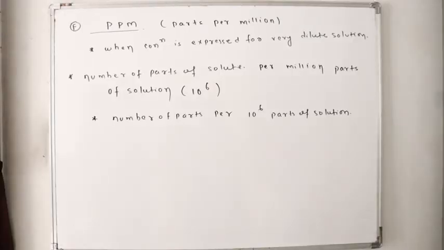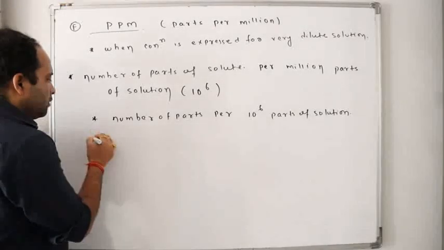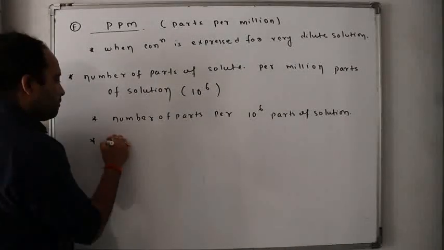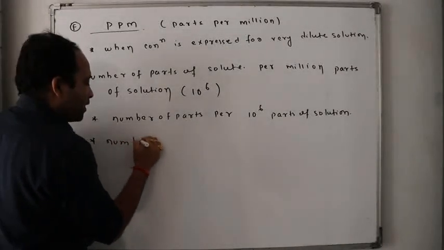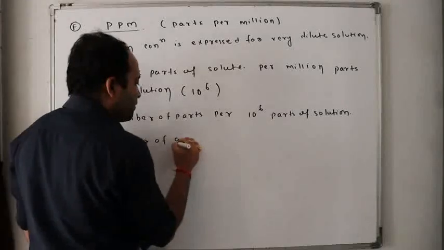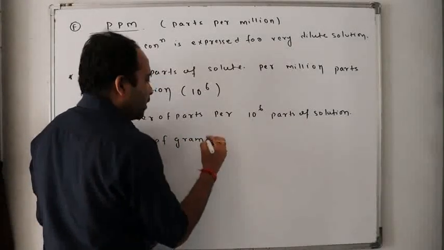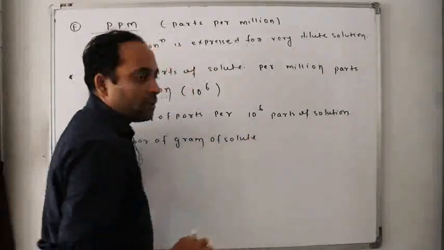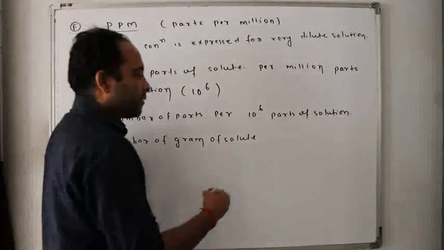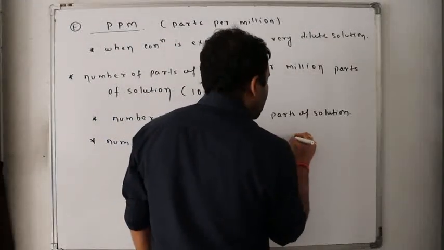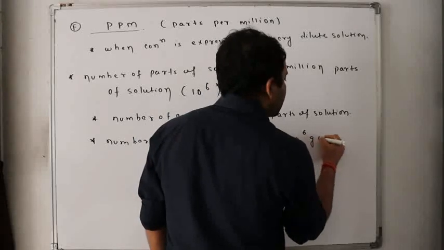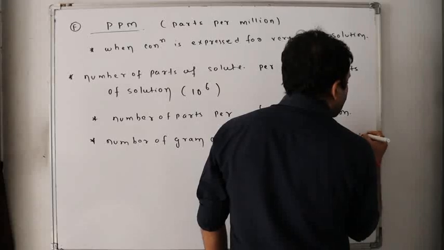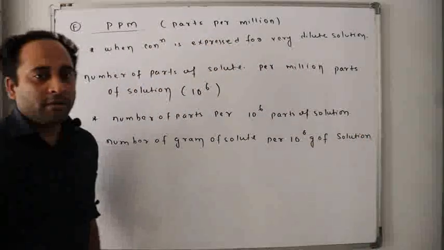One more thing you have to mark also. I can also say that number of grams of solute, listen carefully, number of grams of solute per 10 to the 6 grams of solution.